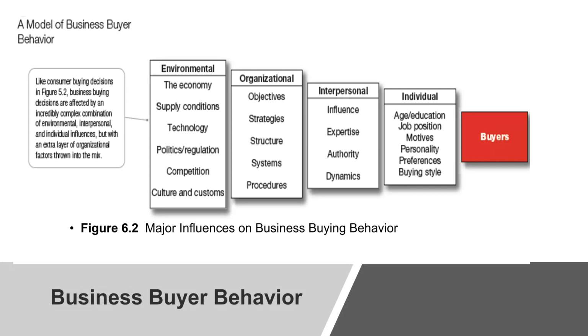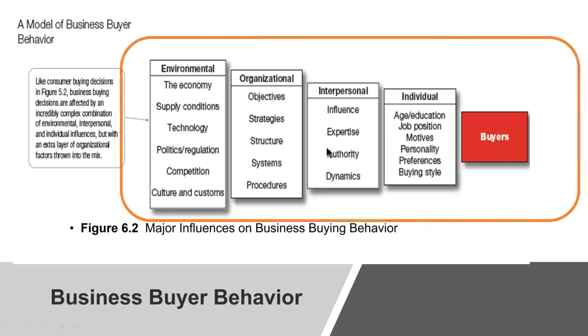So she's got a lot of factors similar to a consumer. Part of that is environmental, which includes the economy, supply conditions, technology, some of her competitors, and her own culture and customs, especially the customs and culture of Hawaii. There are organizational factors, her objectives, her strategies, the way that she runs her business.